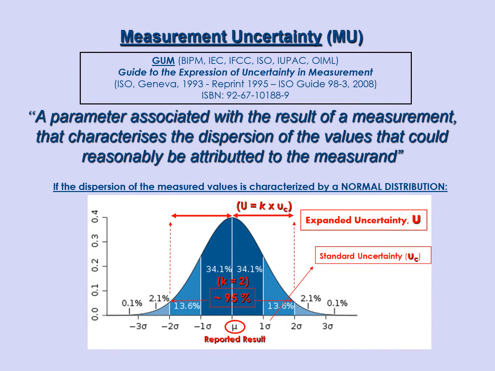According to the GAM definition, measurement uncertainty is a parameter associated with the result of a measurement that characterizes the dispersion of the values that could reasonably be attributed to the measurand.